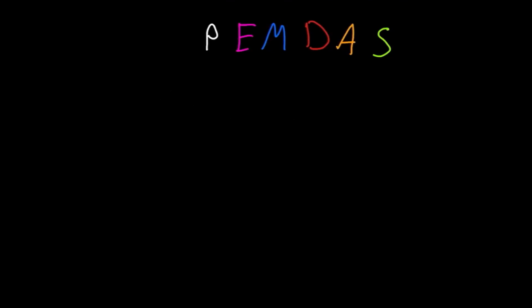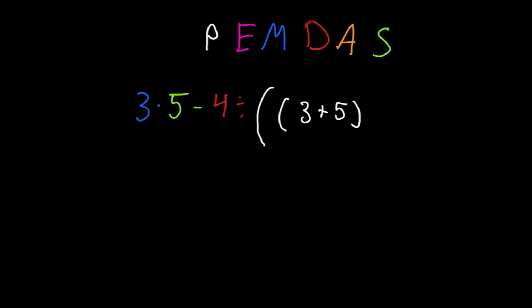So I'm going to do 3 times 5 minus, or divided by, 3 plus 5 divided by 2.